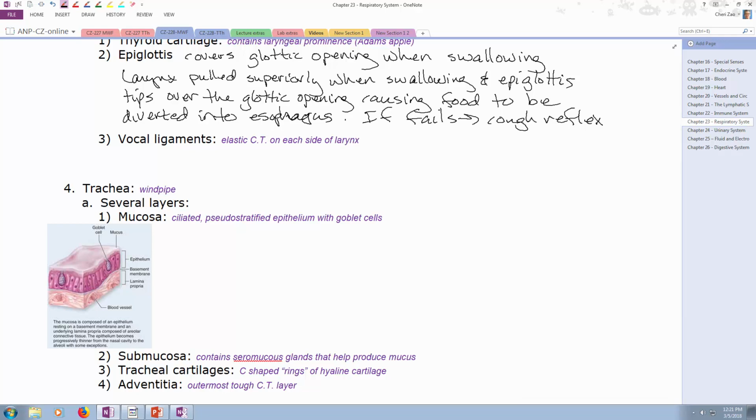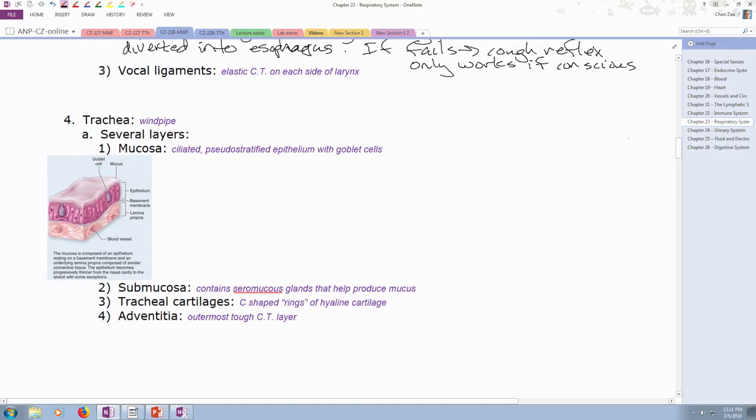No. And that is one reason why when somebody's unconscious, they typically want you to turn them onto their side. So it only works if conscious.